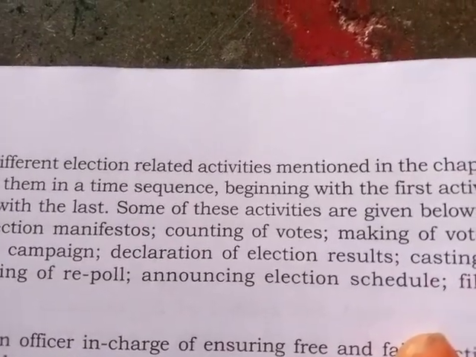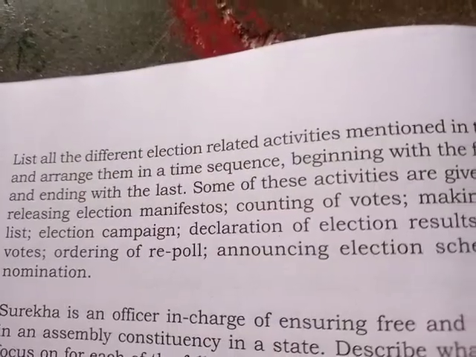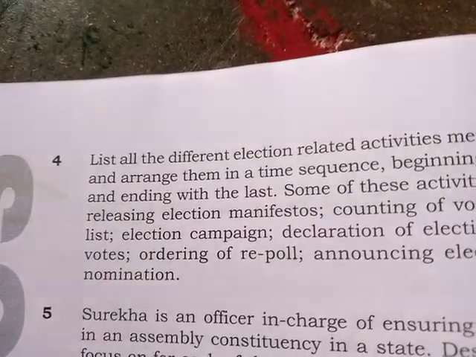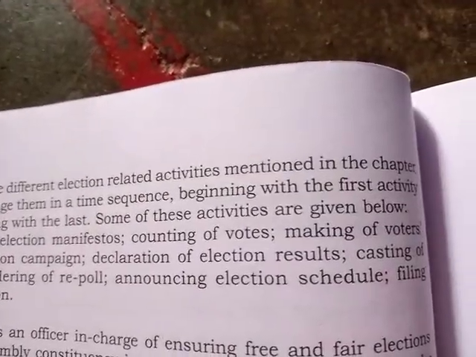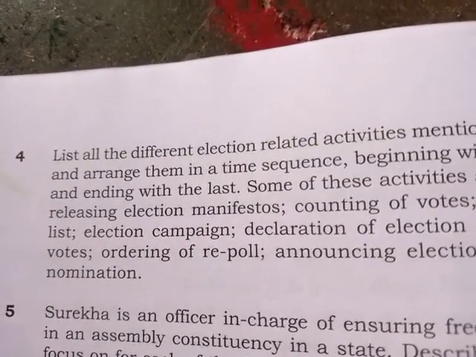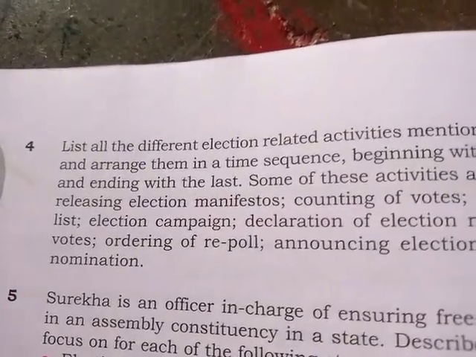Some of these activities are given below: releasing election manifestos, counting of votes, making of voters list, election campaign, declaration of election results, casting of votes, ordering of repoll, announcing election schedule, filling nomination.